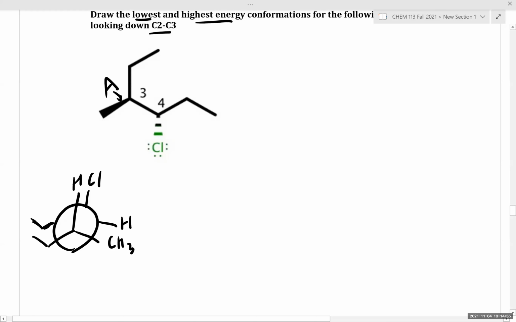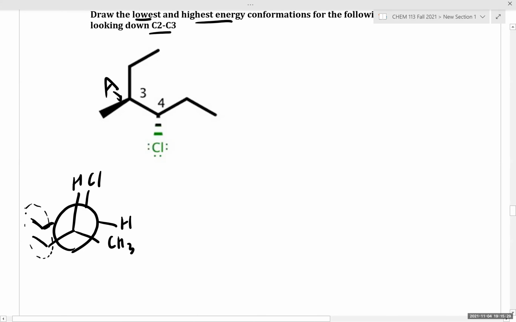For those who are curious, for this exam you don't have to worry about the stereochemistry, but a small amount of extra credit would be awarded if you correctly draw out the Newman projection and accurately portray the stereochemistry involved. Now, thinking about the potential highest and lowest energy conformation, I'm going to look at my bulkiest substituents.